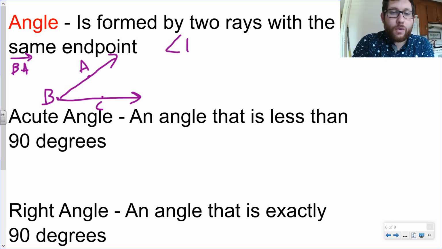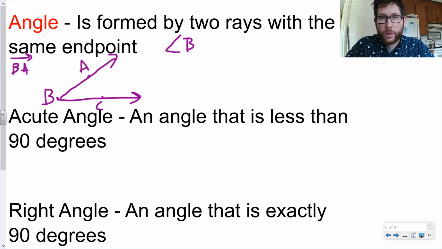We would say angle B. And notice instead of putting the angle sign on top, like we might do with a line or a ray, we're just going to put the angle out front. And we're going to choose B because that is our vertex. And our vertex is the shared endpoint. So our vertex here of angle ABC is B, so we call this angle B.